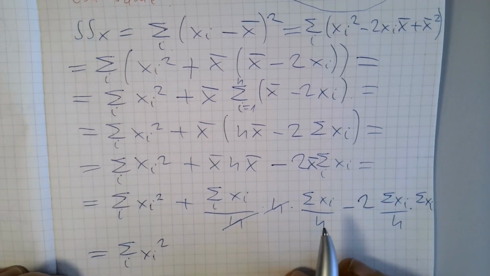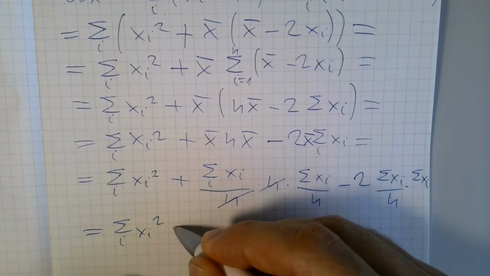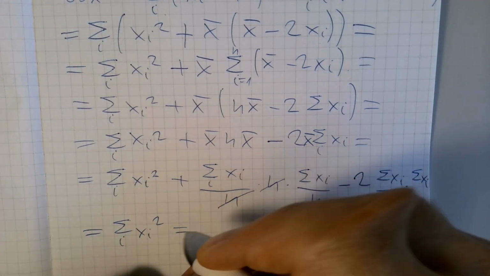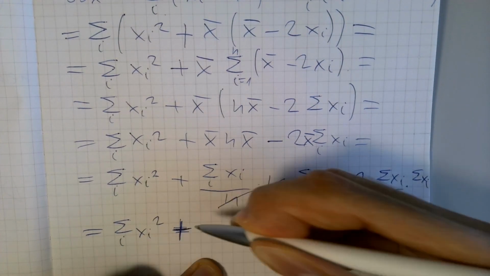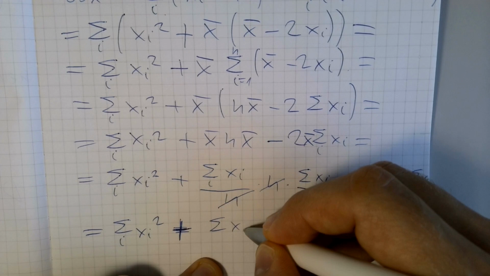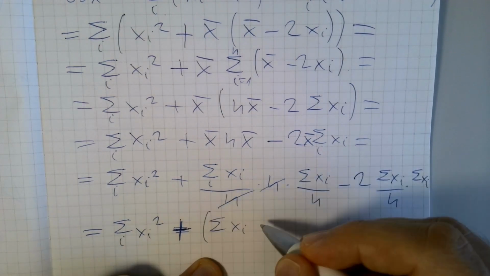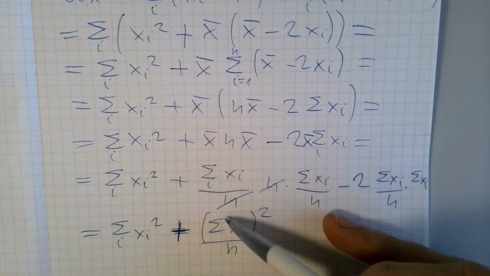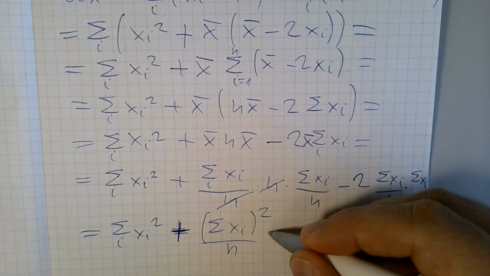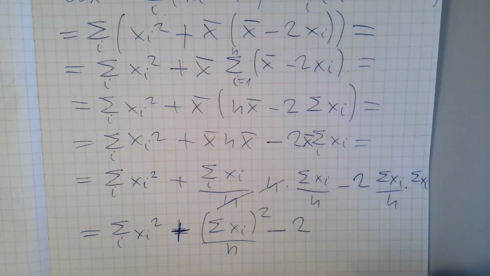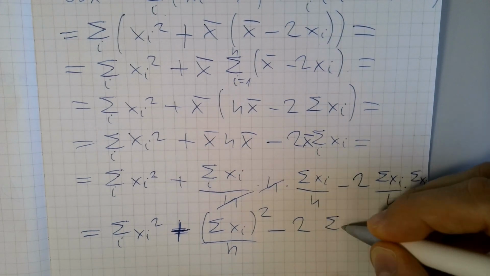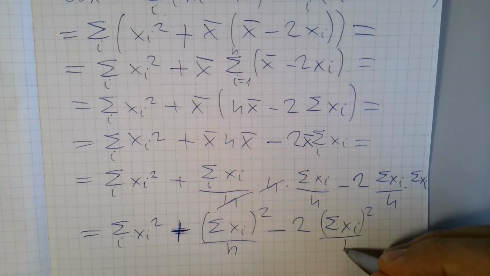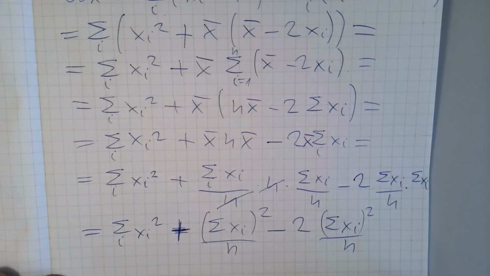This is the first part. It's just fine. So then I'm going to get plus the sum of xi multiplied by itself, so we square that, divided by n. So I have that, and to subtract twice, that's the same thing, the sum of xi squared divided by n. So what do I get?